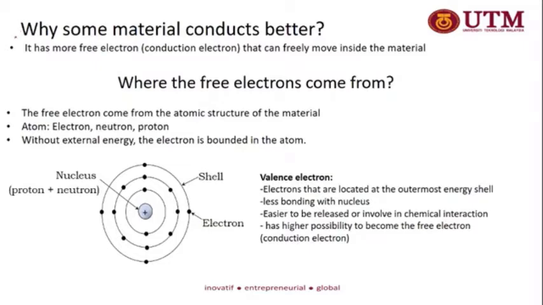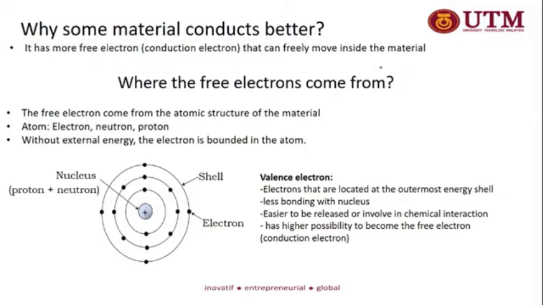The main reason is that it has more free electrons, which we call conduction electrons, because the electrons that conduct the electricity we call conduction electrons, which can freely move inside the material. In order for the material to be able to conduct electricity, it should have electrons that can freely move inside the material. This is what we call conduction electrons.